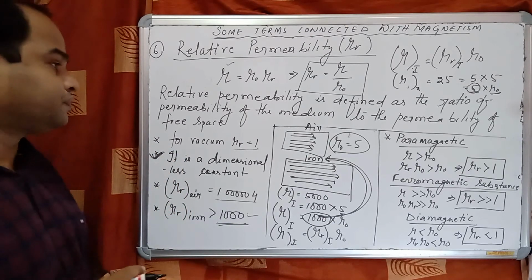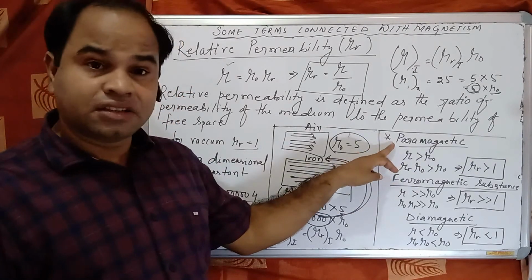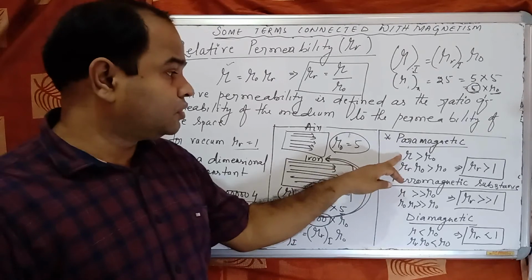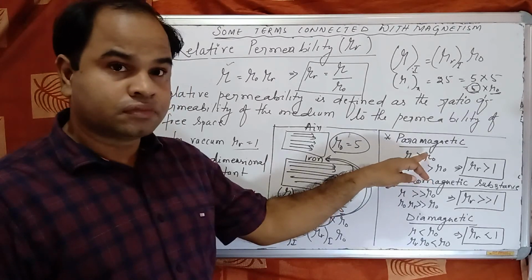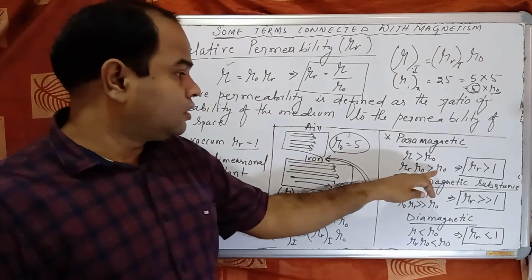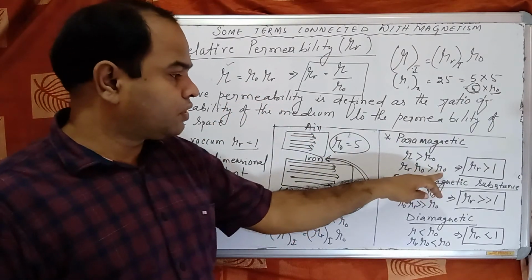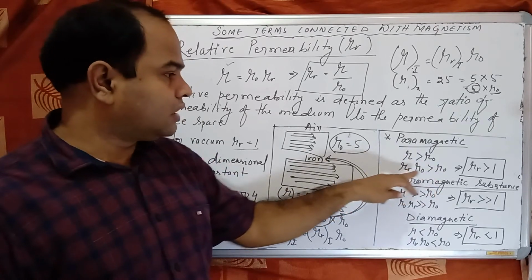Now, for paramagnetic substance we discussed that mu is greater than mu naught. So mu, which is mu r into mu naught, is greater than mu naught. Mu naught cancels, so mu r is greater than 1.